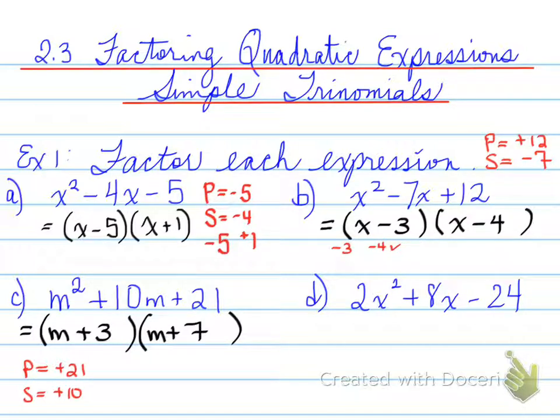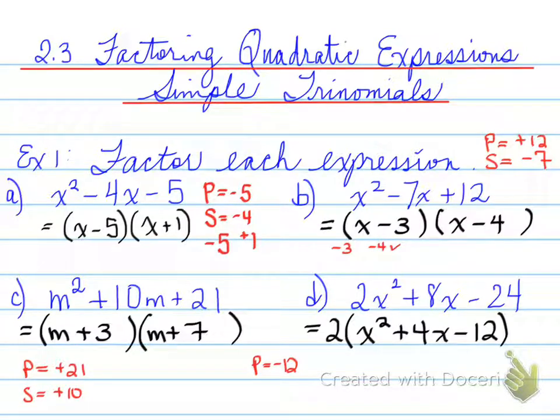So we take out the 2, and we're left with what? We're going to common factor the 2 because it can come out of everything. We're left with x squared plus 4x minus 12. Now we have a simple trinomial inside there and we can factor it. So we're going to break it up.